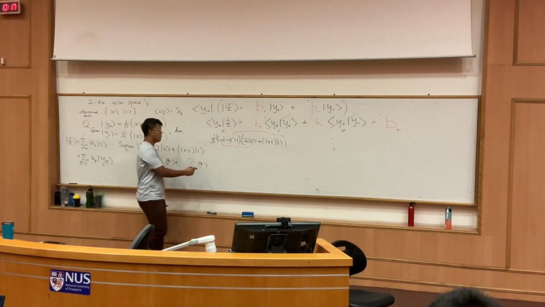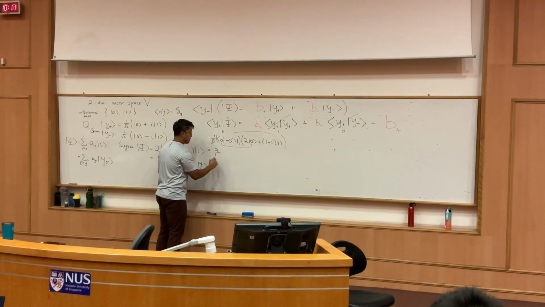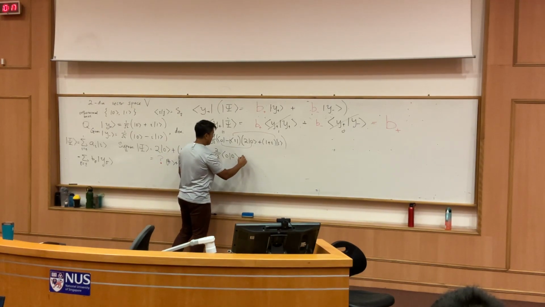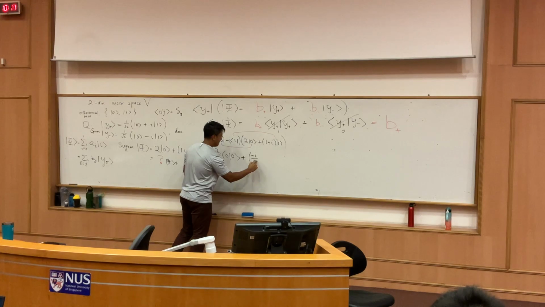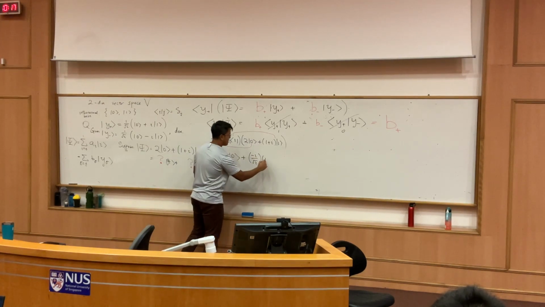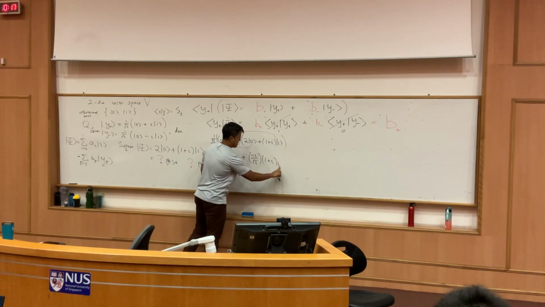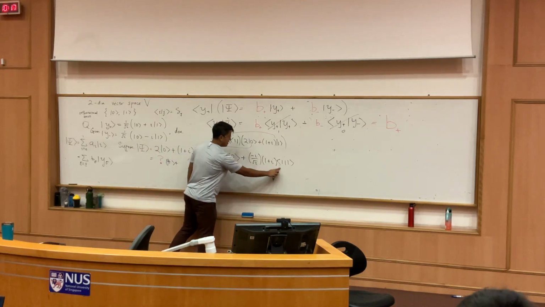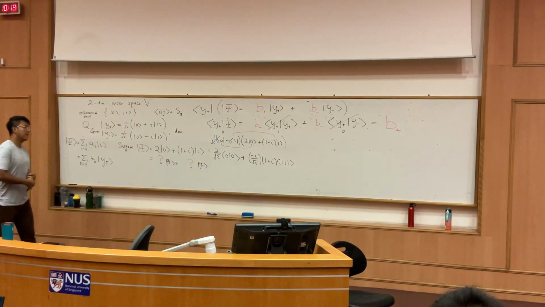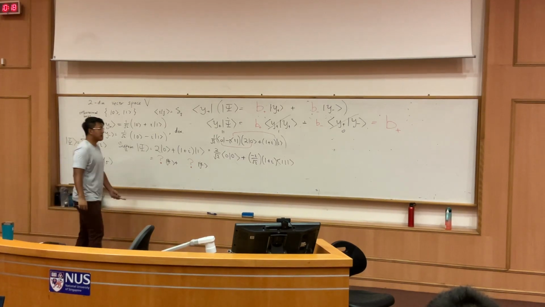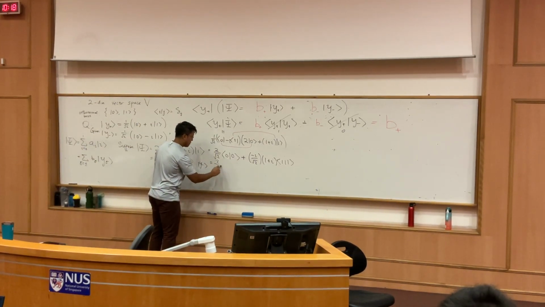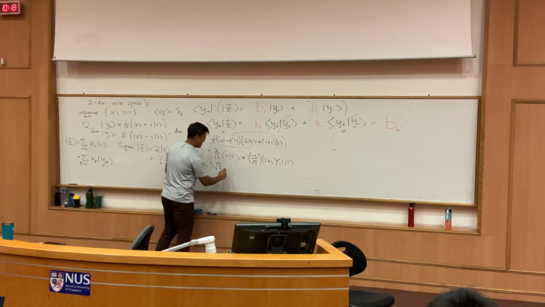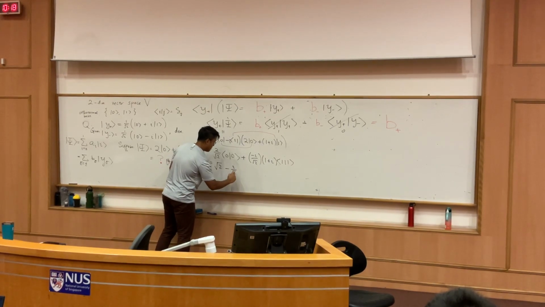And that's equal to 2 over square root 2 times <0|0>, plus minus i over square root 2 times 1 plus i, and this is <1|1>. Okay? Everyone agree? And next, I expand it, so that's equal to square root 2, plus minus i over square root 2, 1 plus i.